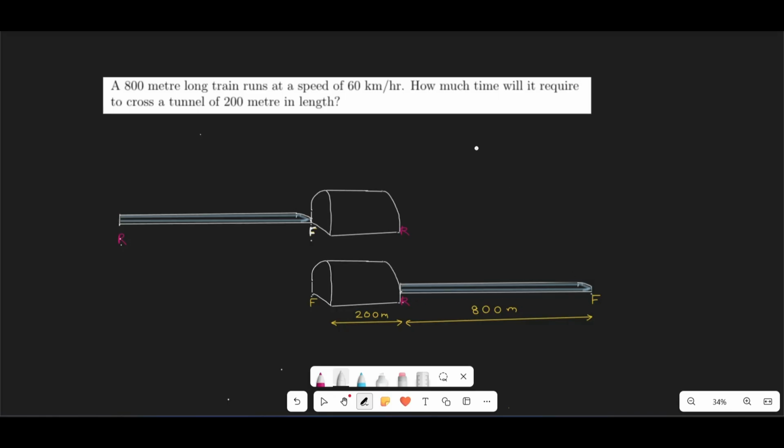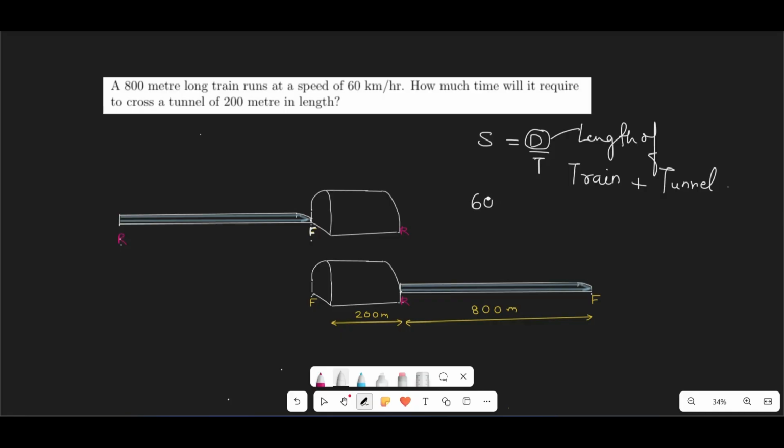So here, speed is equal to distance upon time, and this distance is actually equal to the length of train plus the length of tunnel. Remember this. The distance traveled in order to cross the tunnel is the length of the tunnel plus the length of the train.